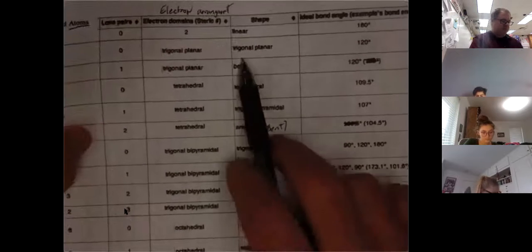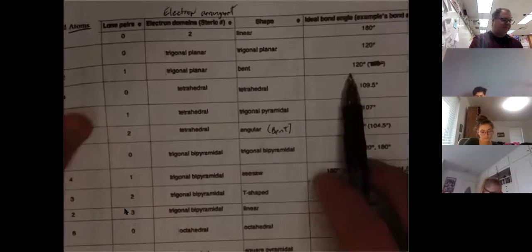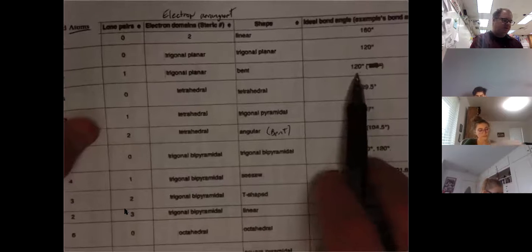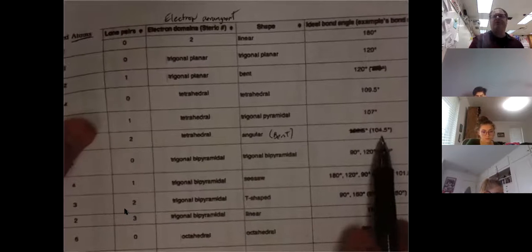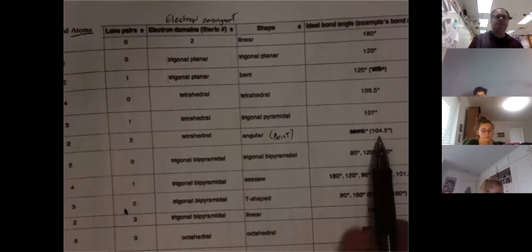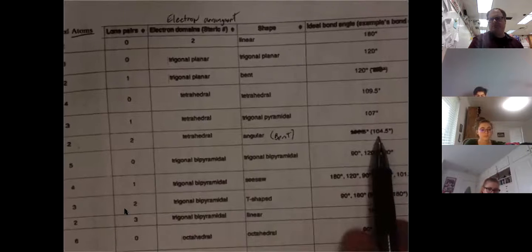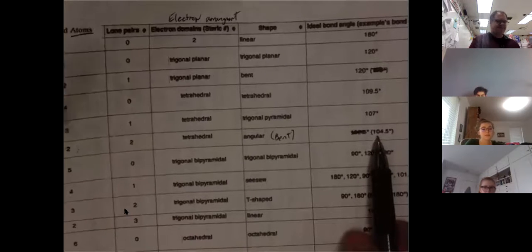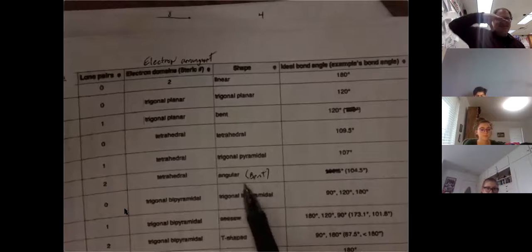So when you look at it here, they basically look the same, but if it is this one, it's 120, and if it's this one, it's 104.5. I was just asking if they mean the same thing. They mean the same thing, but they can have different structures.